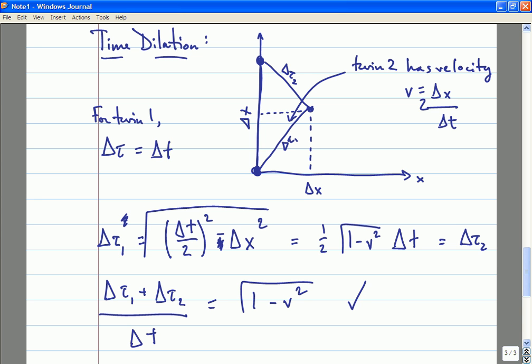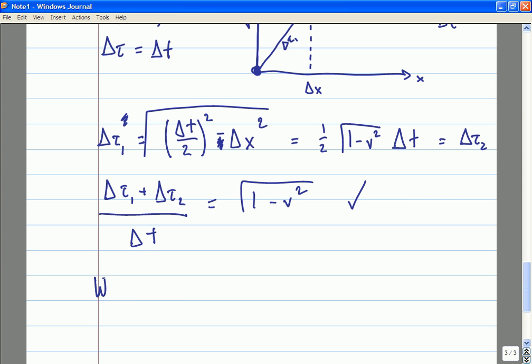Any other questions? So through a similar argument, for example, we could also derive length contraction. You've probably already seen the derivation.